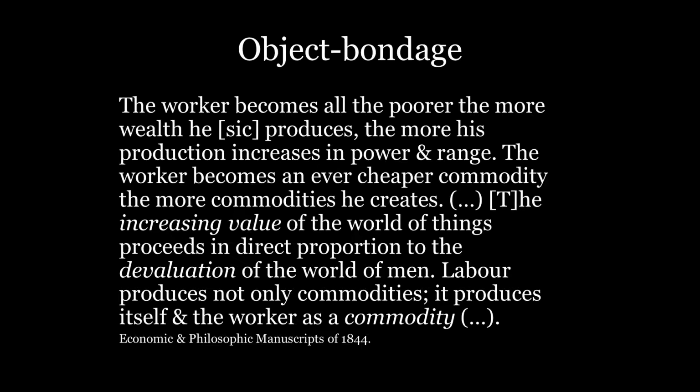Labour produces not only commodities, it produces itself and the worker as a commodity. This leads to what Marx calls the reification of the world. So that means the world turning into a thing or a world of things, including living beings turning into things.